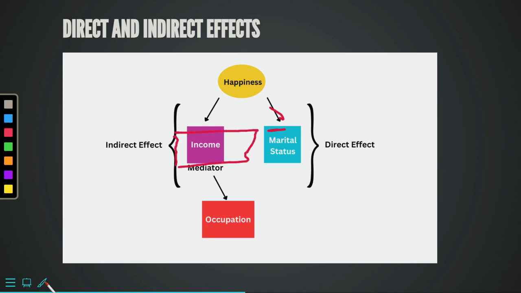What we mean by this is that happiness influences income, so a person's happiness can be determined from his income, and a person's income can also be determined from his occupation. You can see how the arrow goes from happiness to income, then to occupation, with a mediator present between these two variables. So this is known as an indirect effect between happiness and occupation.